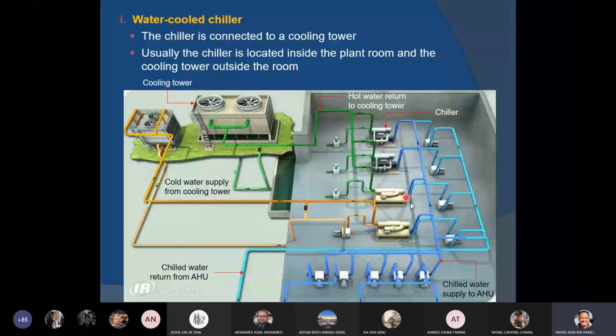Then from the chiller, one pipe goes to the cooling tower, hot water return to the cooling tower, and from the bottom of the cooling tower another pipe connects back to the chiller. So the water inside the pipe cools down after it passes through the cooling tower, and then gets back to the chiller. From the chiller it gets chilled and then distributed back to the ASU.